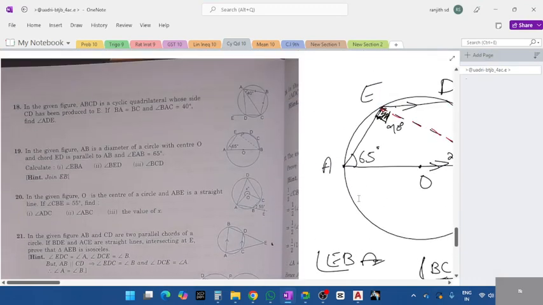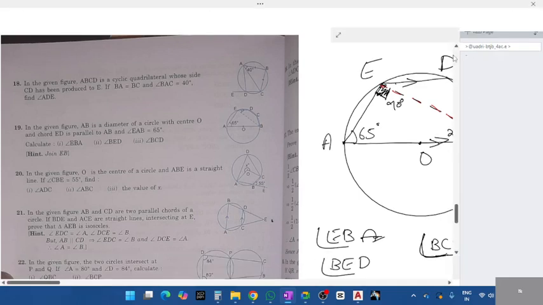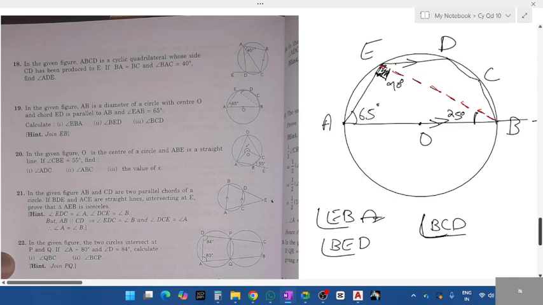Which question do you have to solve? 21st question.